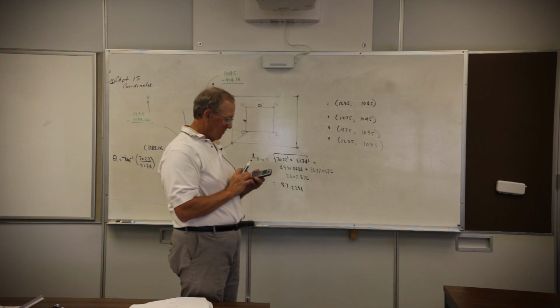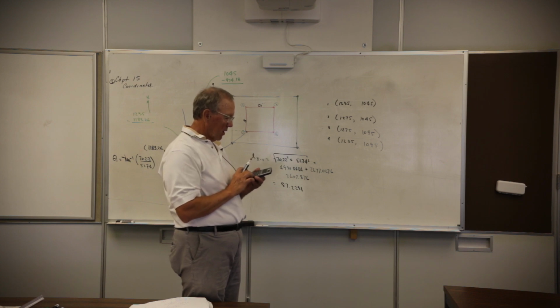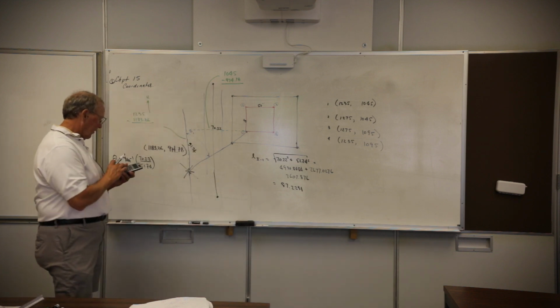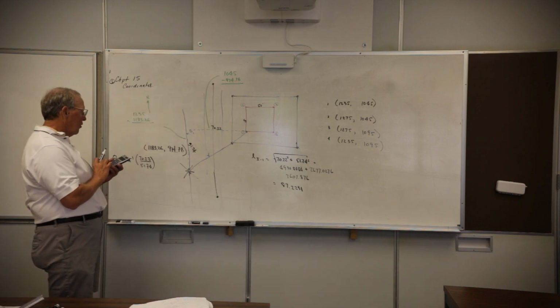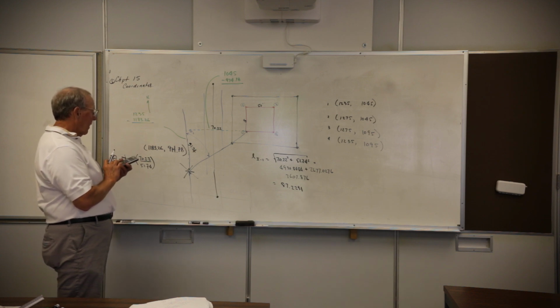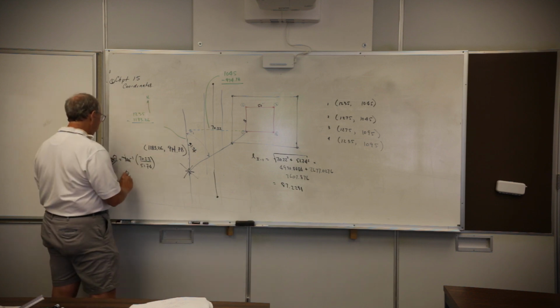It's got shift. There, I got it. Okay, I got it. 70.22 divided by 51.74, bracket, enter. 53.61.